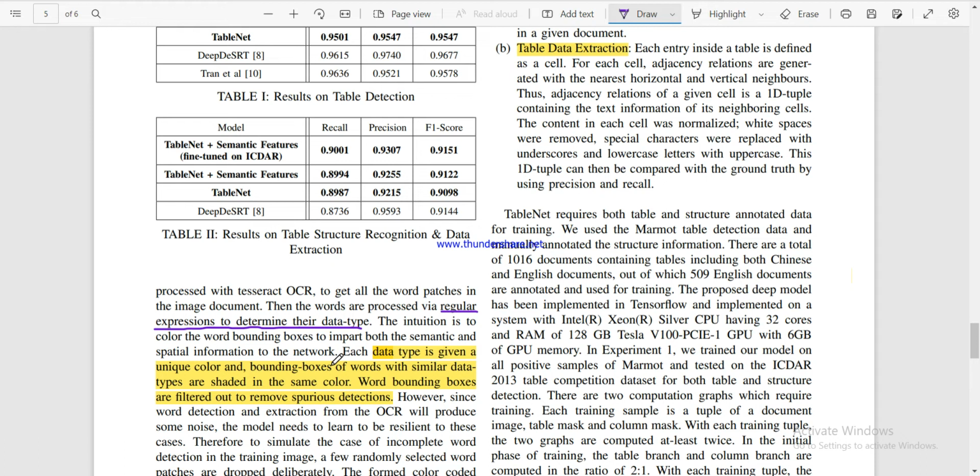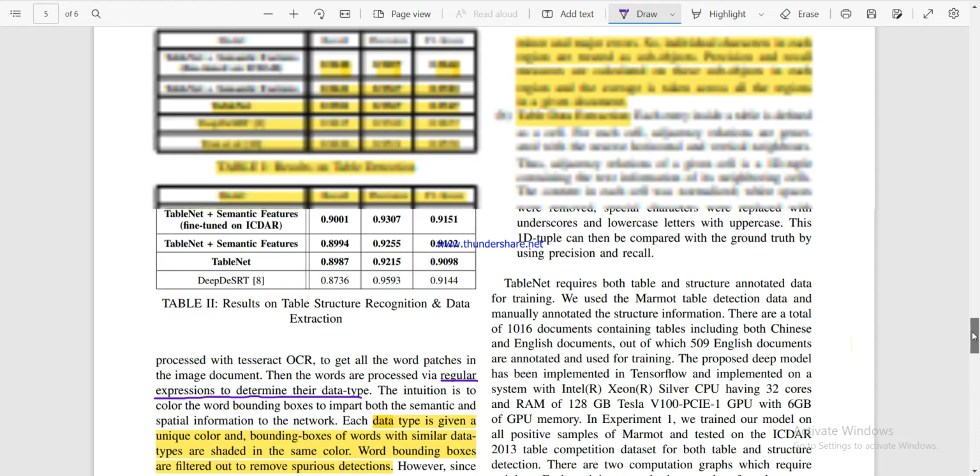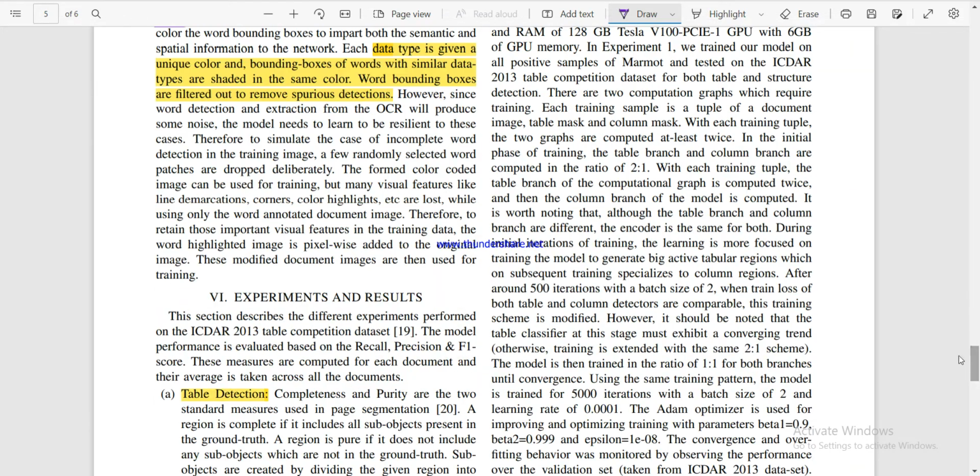Word bounding boxes are filtered to remove spurious detections. However, word detection and extraction from the OCR will produce some noise, so the model needs to be resilient to these cases.